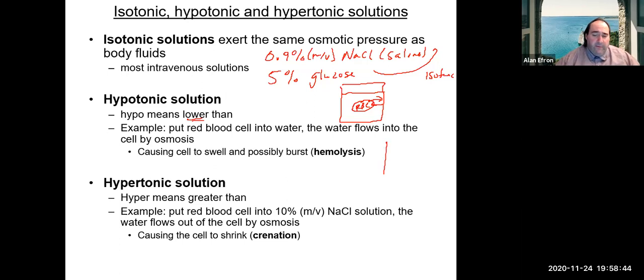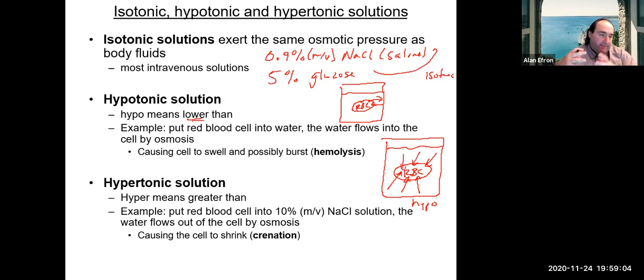If we take our same poor red blood cell and put it in a hypotonic solution, the outside of the cell is less concentrated than inside. Everything from outside is going to run into the cell. It's going to cause the cell to swell, possibly burst, which is known as hemolysis. Probably not a good thing to happen, I imagine.